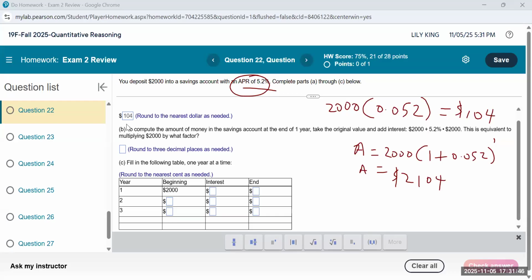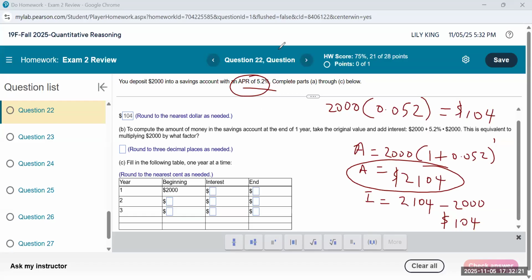And then to find the interest, you have to subtract what you started with from this amount. And that should give you the same thing. All right, so at the end of the first year, this is your ending balance, and that includes interest. You started with 2,000. You have an ending balance of 2,104. So that difference gives you the interest.